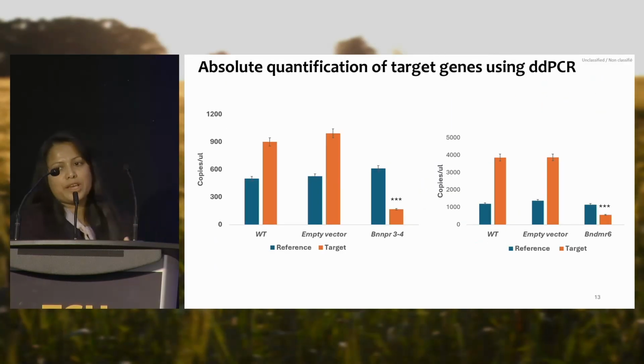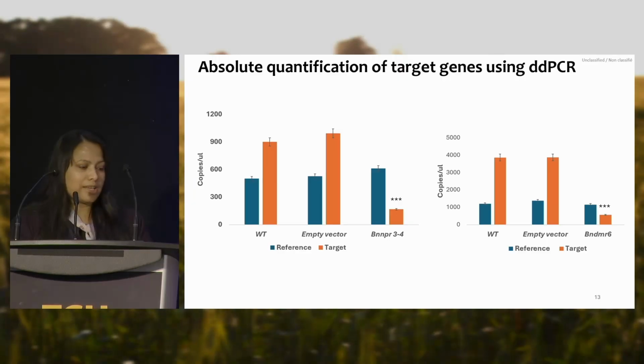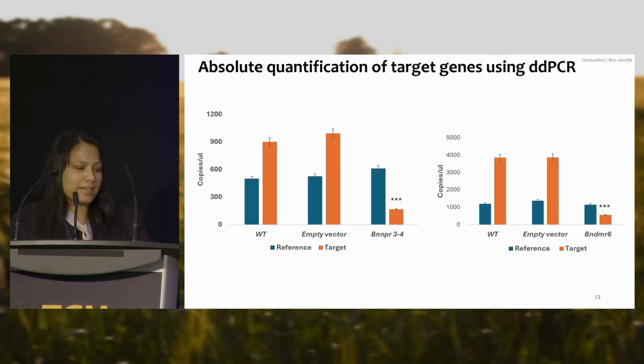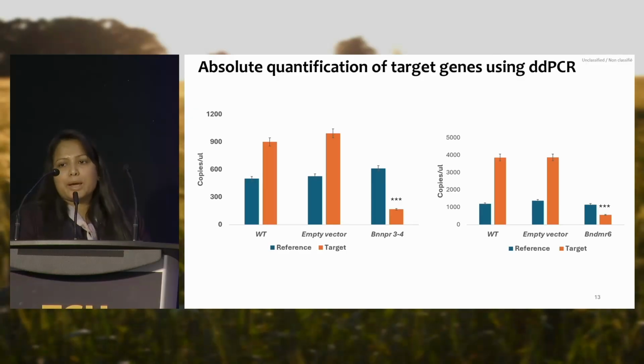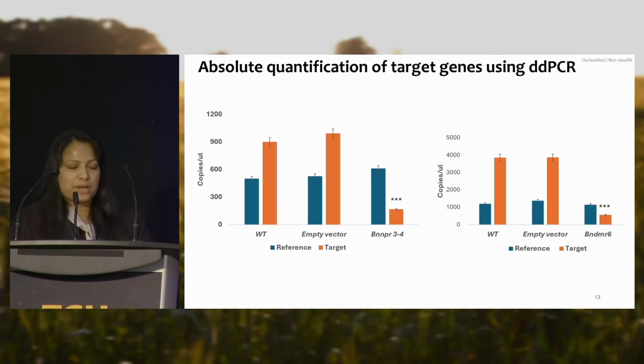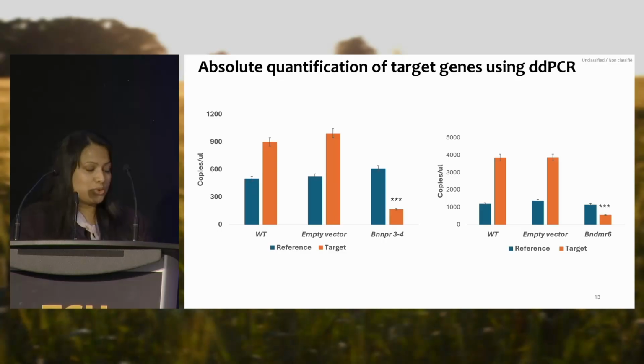So now we have all the clubroot phenotype data, and we wanted to validate this data by looking at expression levels using ddPCR. In VIGS, we have seen that the gene expression was highly reduced, and in the overexpression, the target gene was increased. At this point, we have validated most of the genes, but work is still ongoing. Here I'm showing an example for two genes: one is NPR3/4 and another one is DMR6.